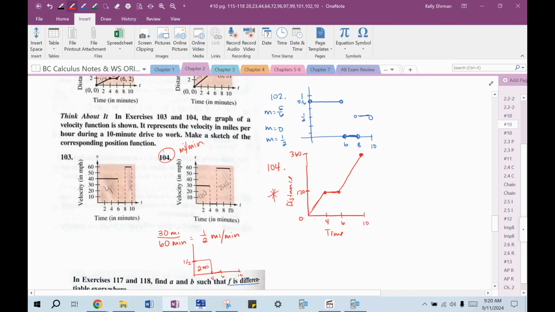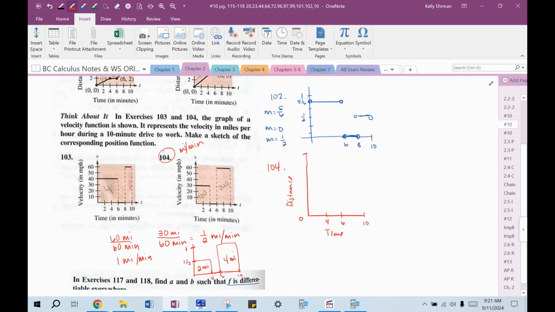And then from 6 to 10, so 60 miles per hour. So 60 miles in 60 minutes is 1 mile per minute. So then we have a height of 1 for 4 minutes. So 1 mile for 4 minutes, that's a total of 4 miles. So much better. I wasn't really thinking about that when I did it.